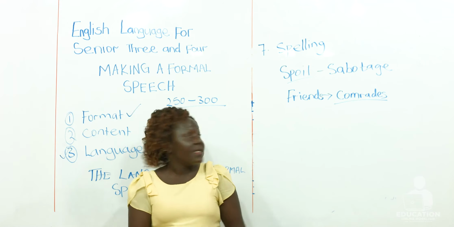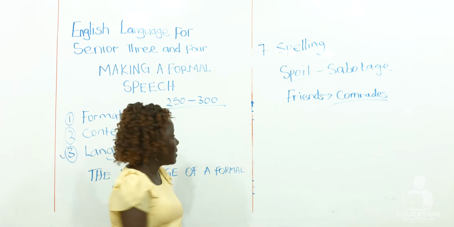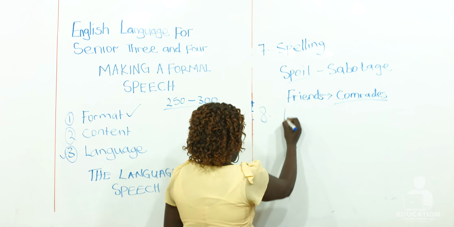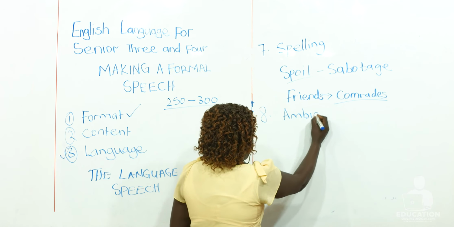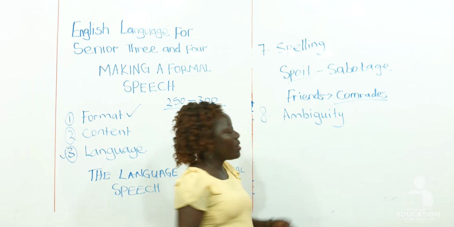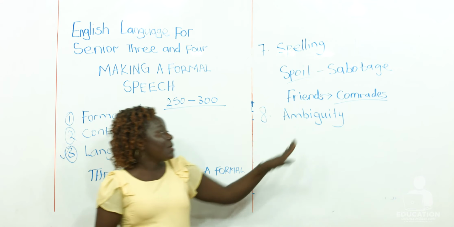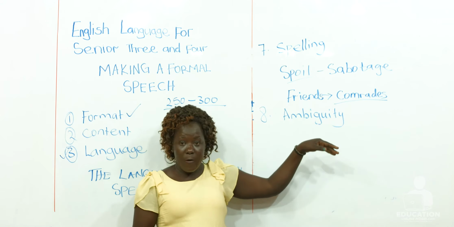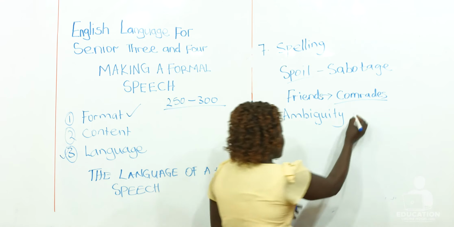What is connected to this spelling is number 8. We call it ambiguity. Ambiguity, my dear learners, is confusing people or making something unclear when you are vague.